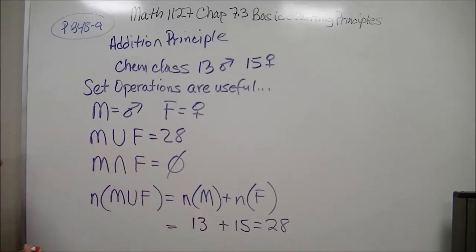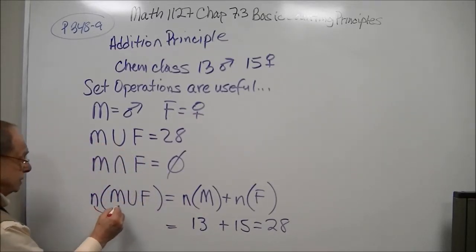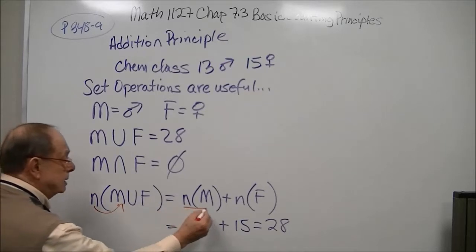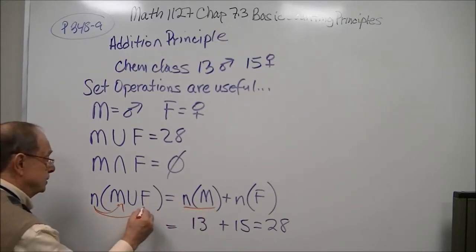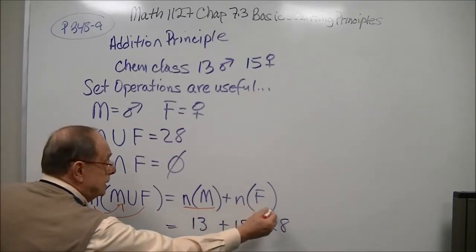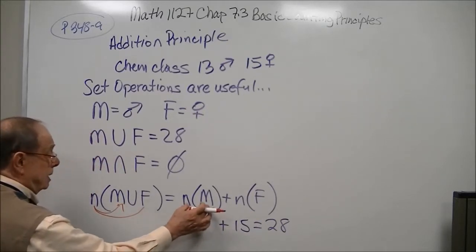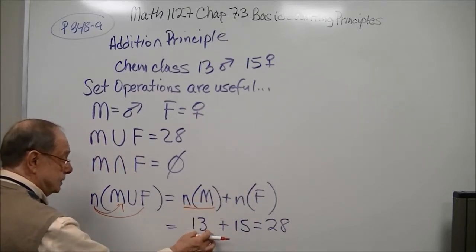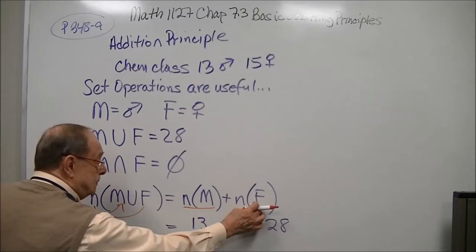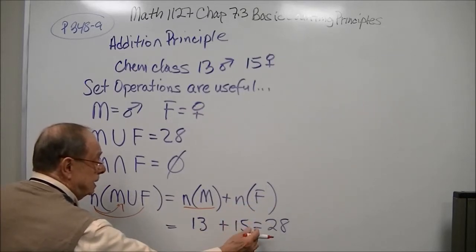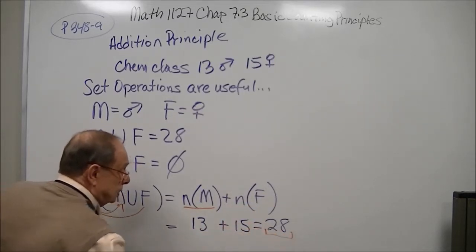Let me just illustrate that. In a sense, we're distributing that, and we get this. We distribute that, and we get this. And then again, our M number is 13. Our F number is 15, which gives us our total.